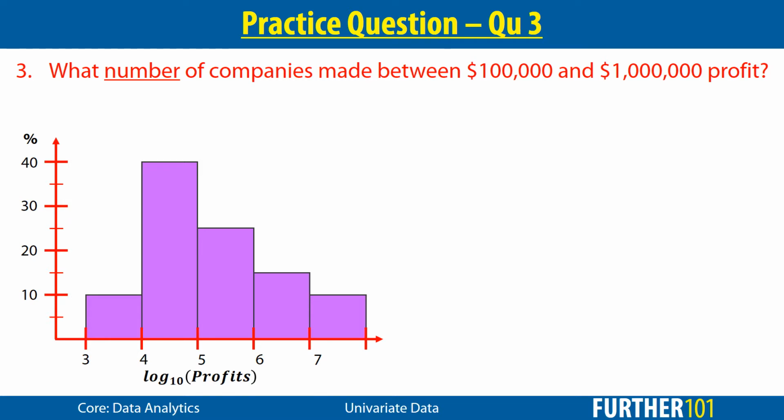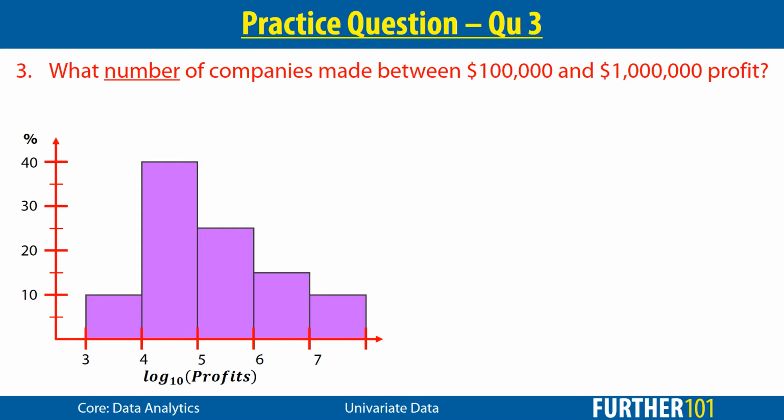This third question asks, what number of companies made between $100,000 and $1 million profit? Now, to calculate that is largely the same as what we did in the previous question. However, we have an additional step where we need to convert from percentage to number, because our y-axis has a frequency in terms of percentage, whereas the question wants a number of or count of companies between $100,000 and $1 million profit.